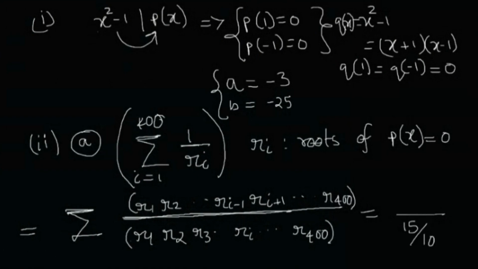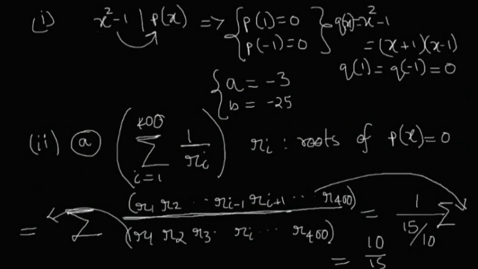What I'm doing is taking this out because this is a constant. The product is constant. There'll be 1 by 15 out here, and here you will get this expression. Now, this expression is easy to find. This will be 10 by 15, of course.